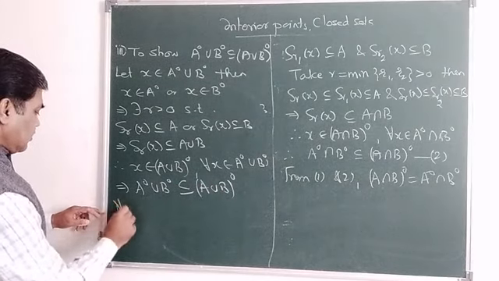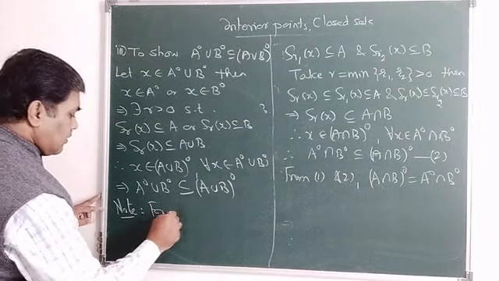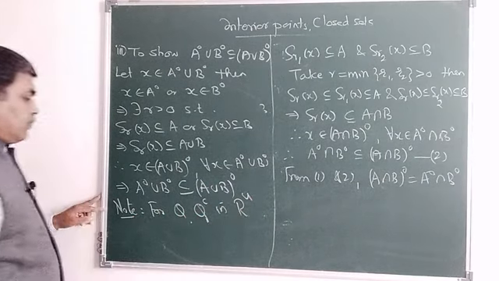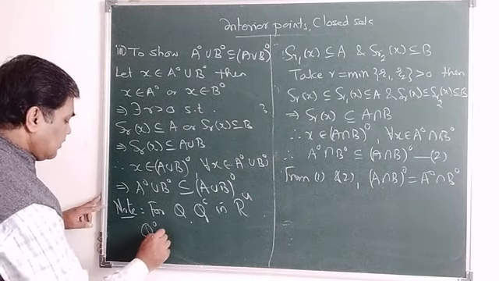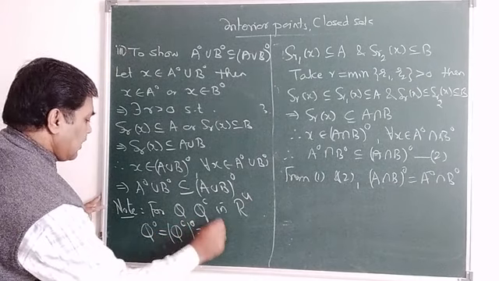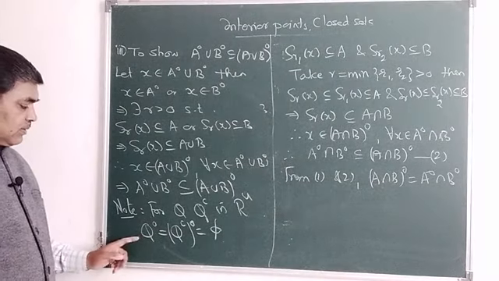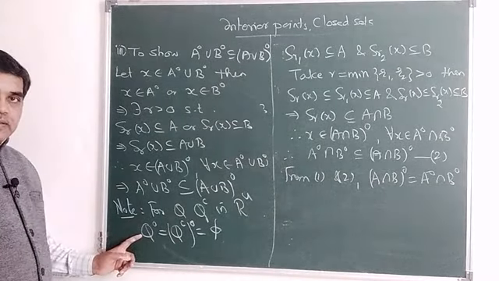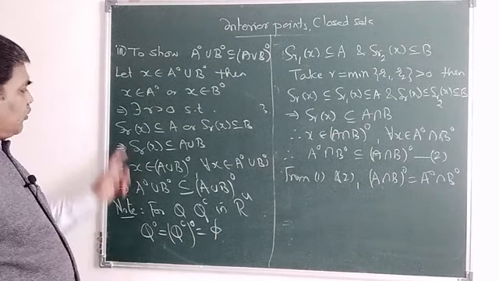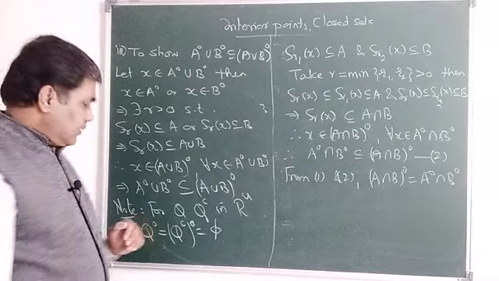So note, for Q and Q complement in R, the interior of Q is equal to the interior of Q complement, which is phi. The set of rational numbers, its interior must be phi. Since if I take any rational number and any open sphere about that rational number, it is an interval.